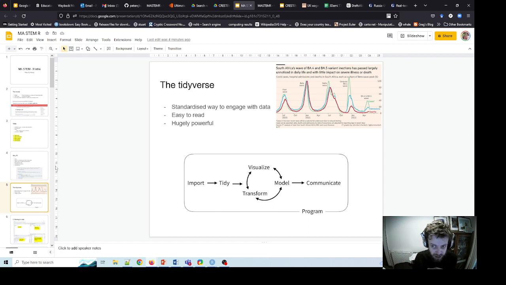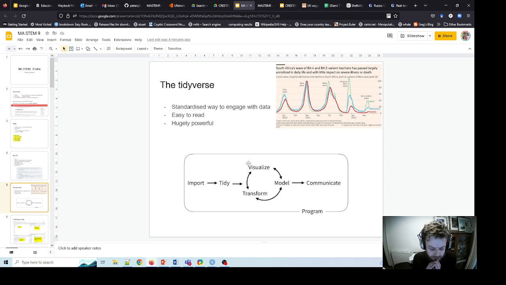Well, the tidyverse is used by the BBC, it's used by the Financial Times amongst many others. So graphs that you might see appearing on Twitter or on websites, these graphs were made largely in the tidyverse in something called ggplot. Tidyverse is very easy to read, hugely powerful, and it's got this kind of standardized model to dealing with data.